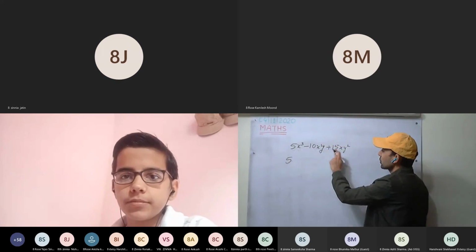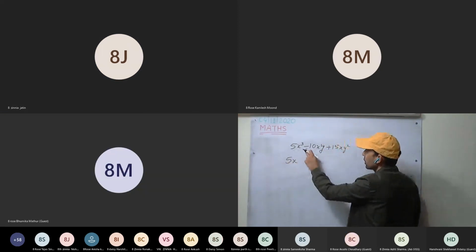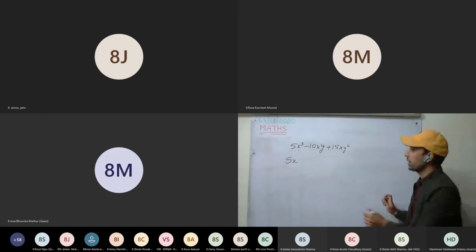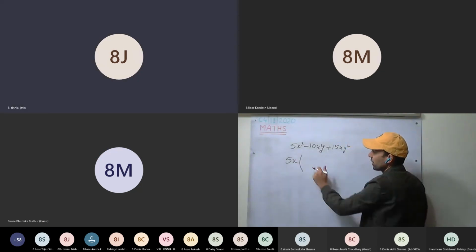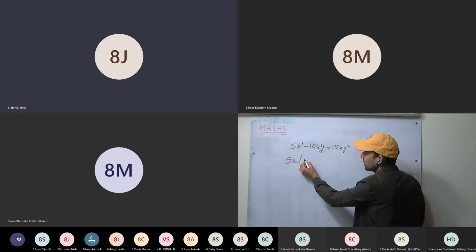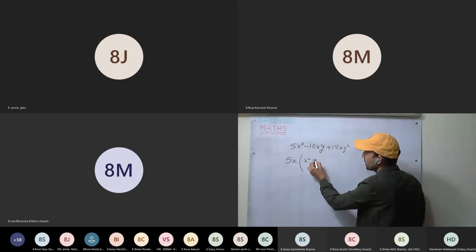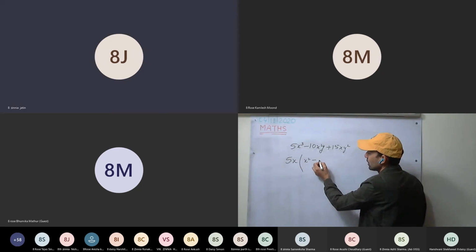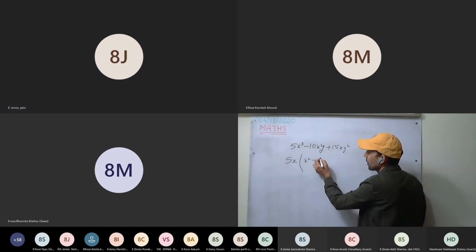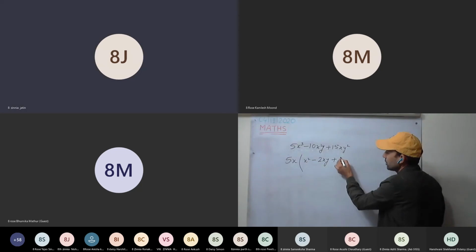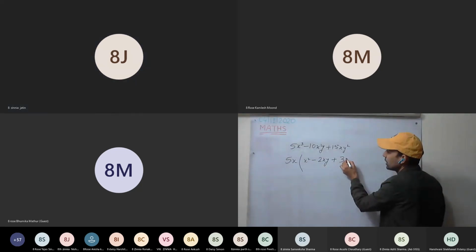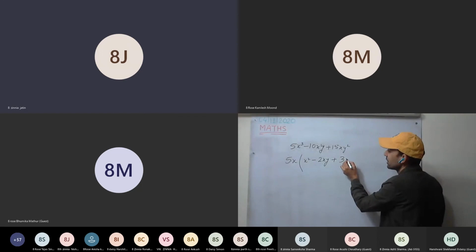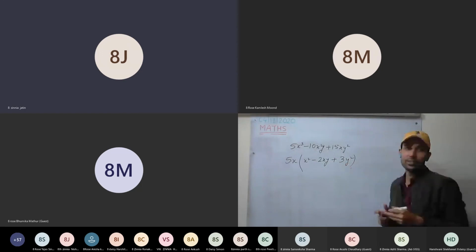Now x cube, x square, x, so 5x. Okay, and no more. Now divide each term by 5x. So it will be x square minus 2xy plus 3y square. Good.